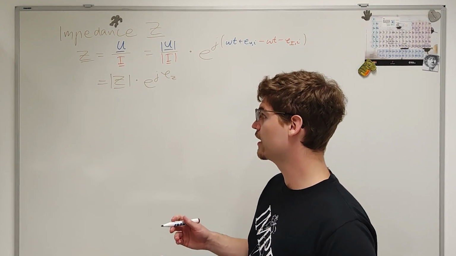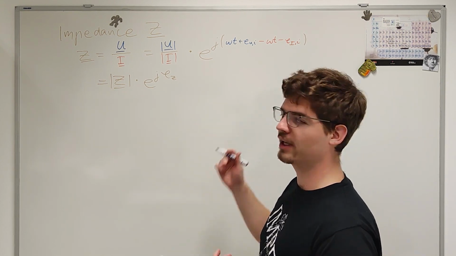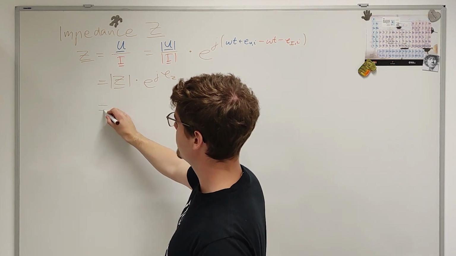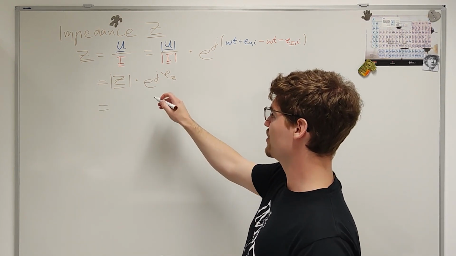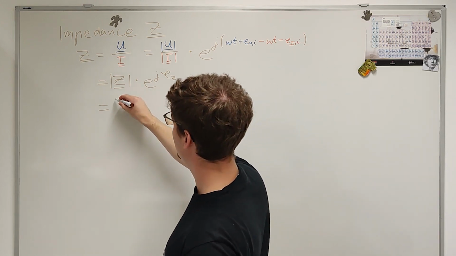Now let's look at different forms, how we can write the impedance Z, as we've just looked at the complex number representations. We can transform this into the cosine of phi Z plus j sine phi Z representation.